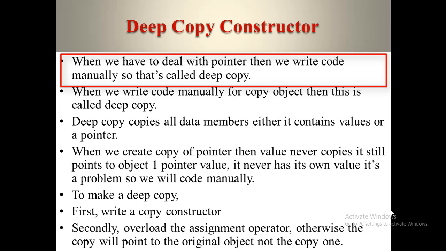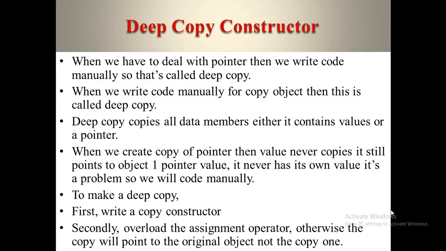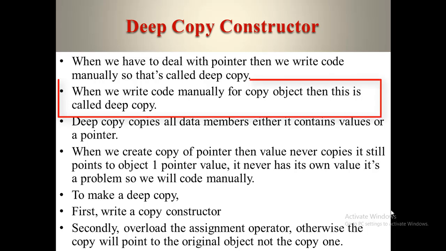So that's called deep copy. A pointer is a user defined data type that is stored on heap. So to store data on heap and copy the pointer, we use the deep copy constructor. When we write code manually to copy an object, this is called deep copy.